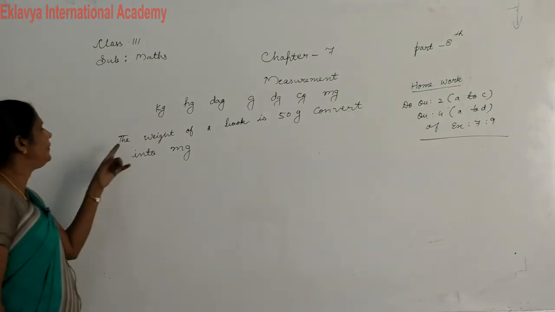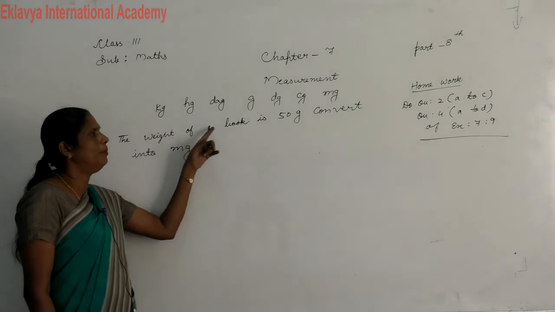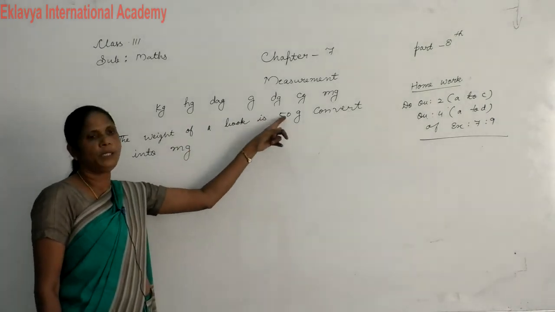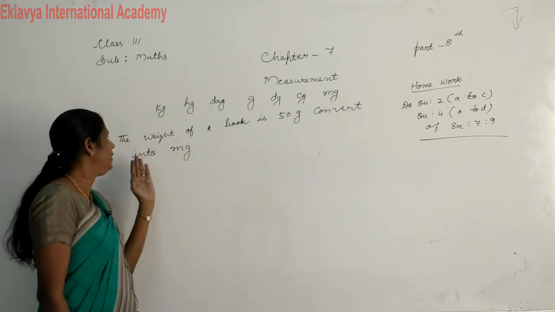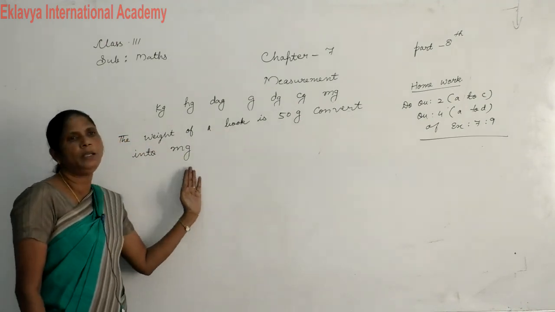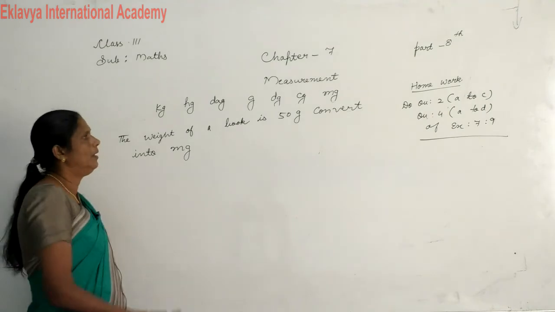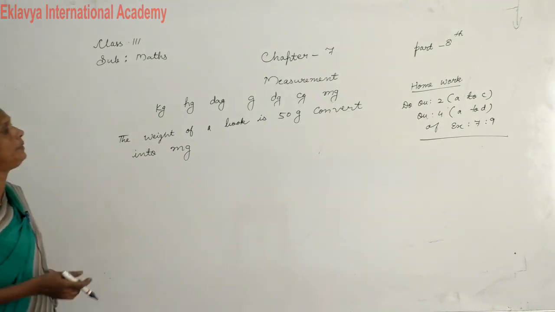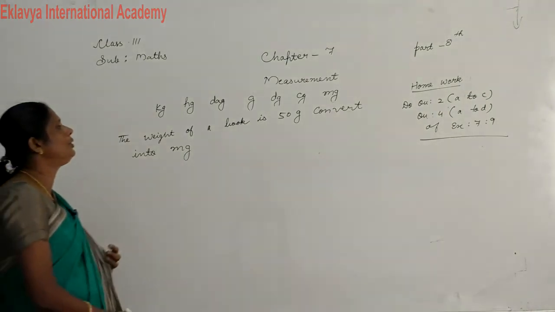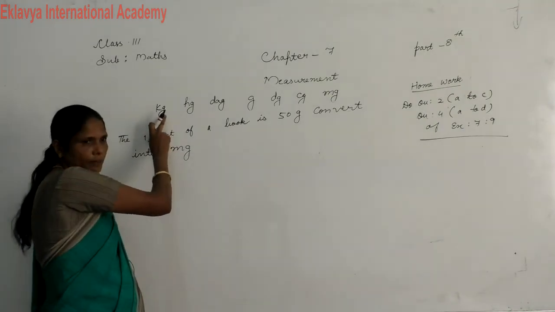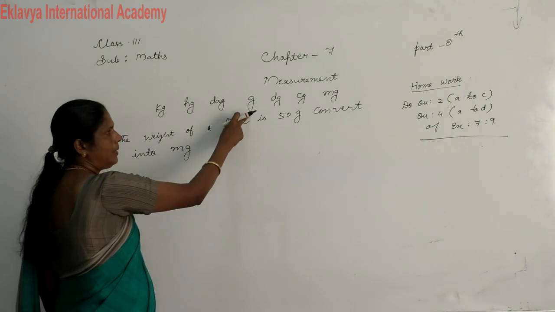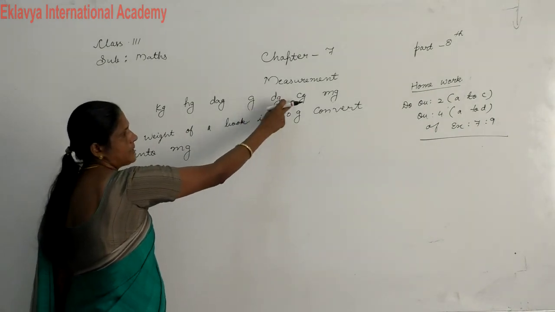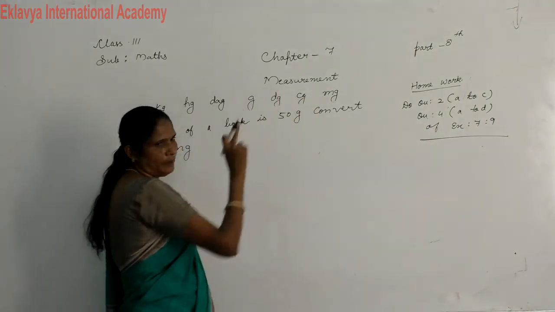Read the question. The weight of a book is 50 gram. Convert into milligram. First we write the table. You know the table: kilogram, hectogram, decagram, gram, decigram, centigram, milligram.